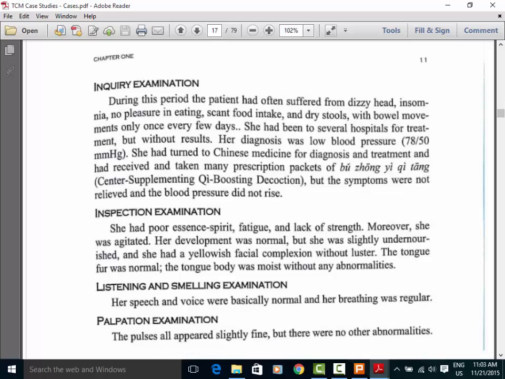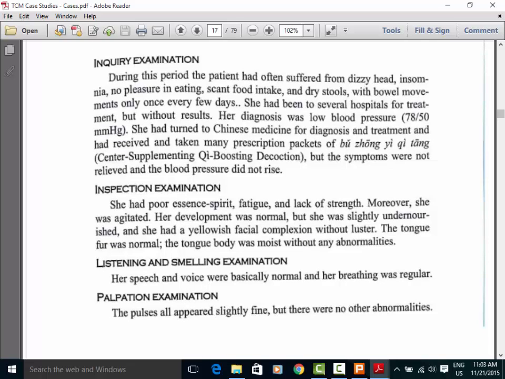I'll go a little bit lower here. So let's just read through the information. The patient often suffered from dizziness of the head, insomnia, no pleasure in eating. What are you thinking? Spleen deficiency. Remember what we talked about? Blood deficiency. Scanty food intake.